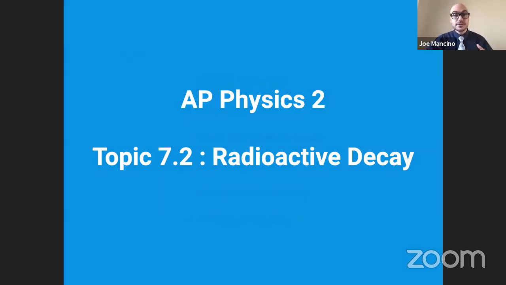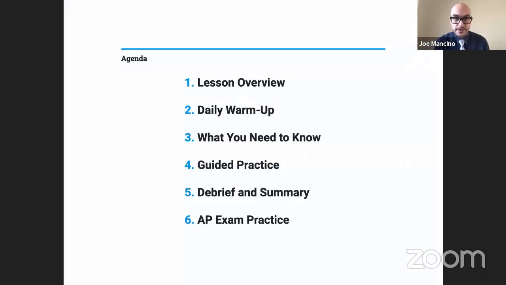As always, we'll start just by running through the agenda. First, there's going to be a lesson overview. We'll talk about everything that we're going to do today. Then we'll go through our daily warm-up. We'll start off with the question we left with yesterday and do a little warm-up, get your brains moving. Then we'll talk about what you need to know, all the key points that you need to be really good at radioactive decay.